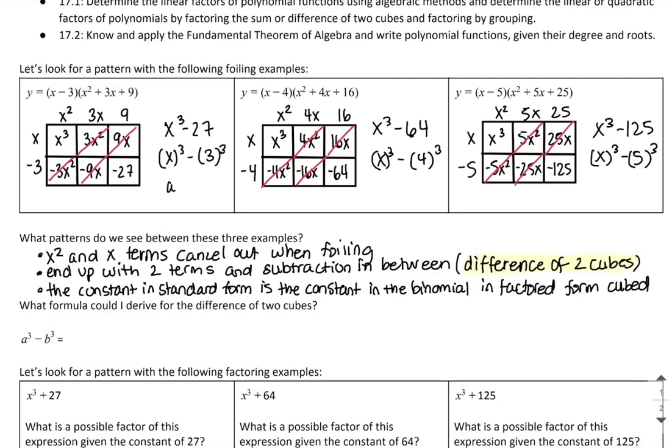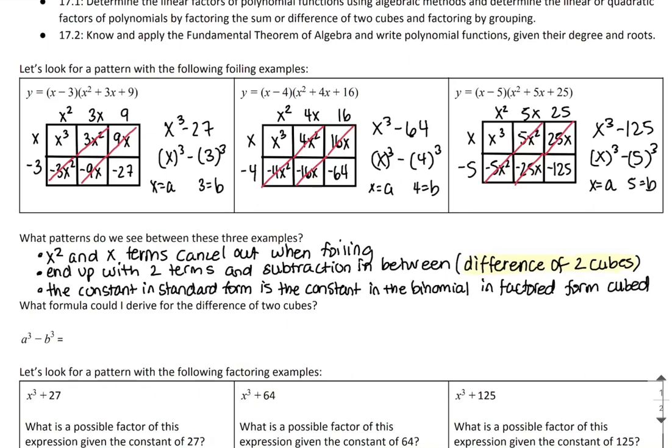So I want x to be equal to a. And I want to treat the second term as b. So I want 3 to be b in that example. For the second one, I want x to equal a and 4 to equal b. And in the third example, I want x to equal a and 5 to equal b.